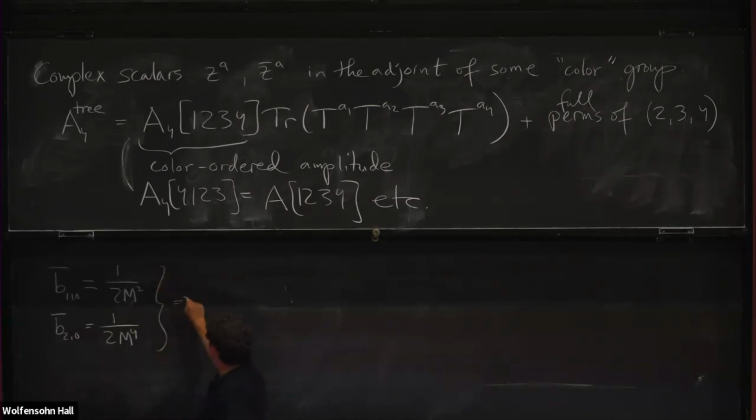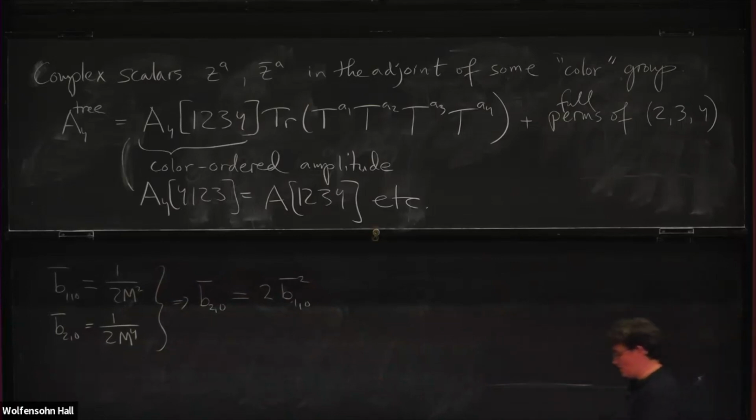And if I eliminate the m squared, I'll see that B20 bar is related to B10 bar squared, with a factor of 2.